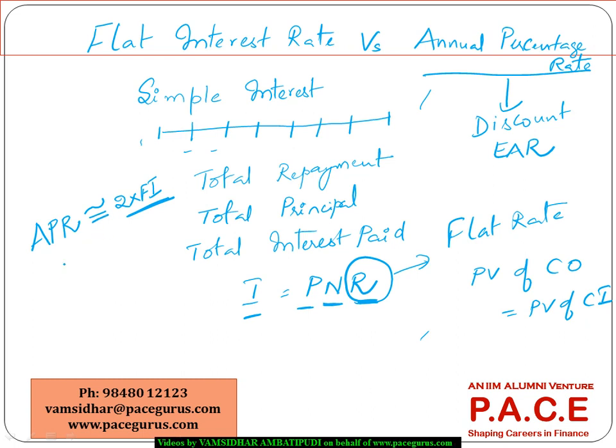Then try discounting the future cash flows using that rate. See whether the cash outflows are greater than the inflows or vice versa, and keep adjusting the rate until the inflows become equal to the outflows, and that will be the annual percentage rate involved in the payment.